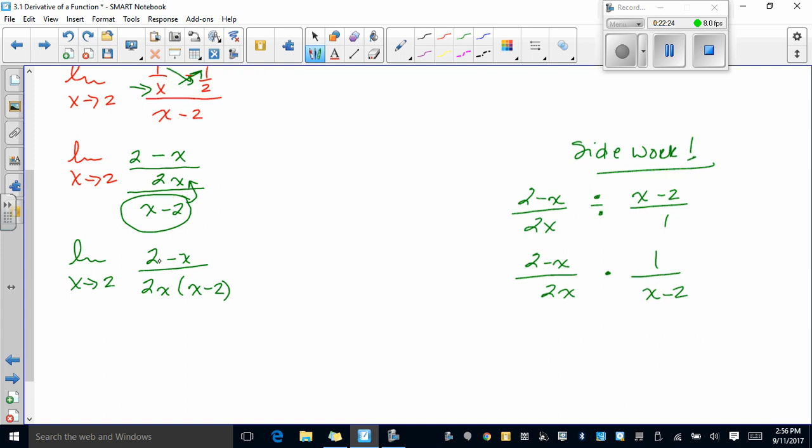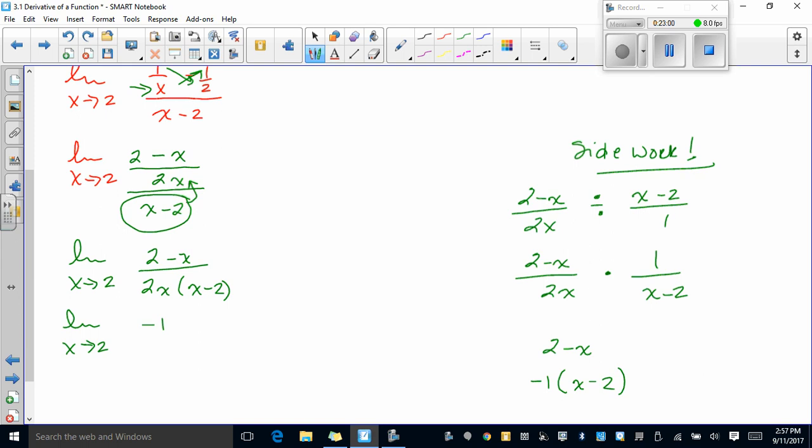So if I have 2 minus x, and I factor out a -1, -1 times what's going to get me back to 2? Well, it's going to be -2. And -1 times what's going to get me back to -x, just a positive x. Anyways, you factor out a -1, and you can flip the order of your positives and negatives here. So I now have the limit as x approaches 2 of -1 times x minus 2 over 2x times x minus 2.